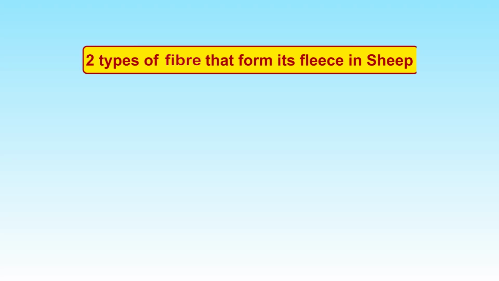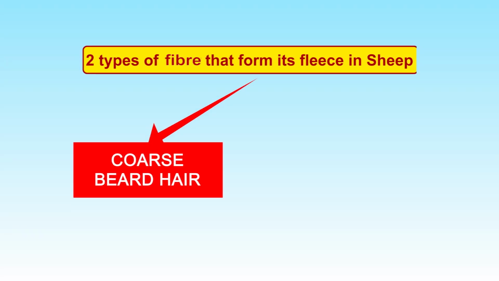Student, the hairs on our head are coarse, but the hairs on our hands, arms and other parts are soft and fine. Like us, sheep has two types of hair that form its fleece. First, coarse beard hair.